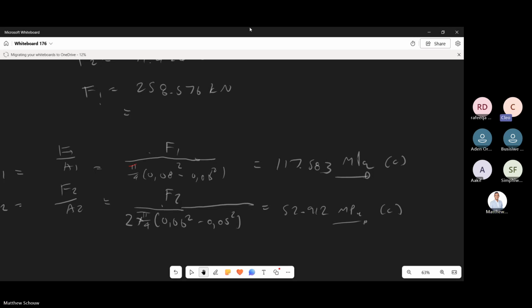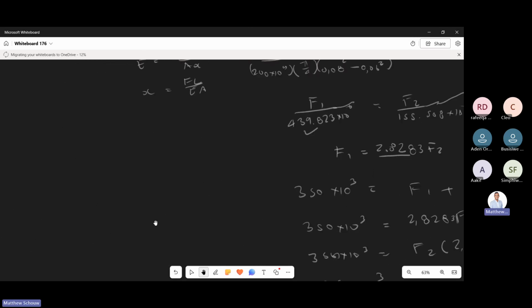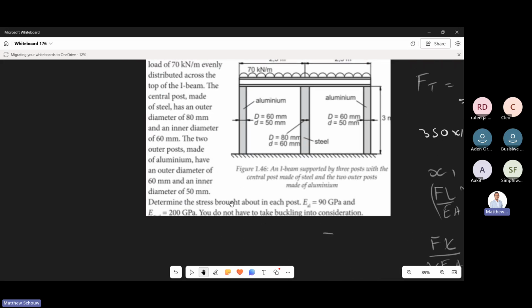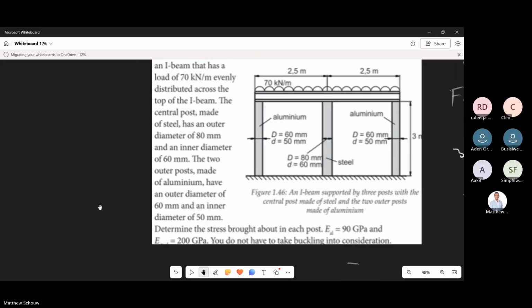Can I just say why they're in compression? Okay, do you want to use logic here? Look at this. Let's think of something at home. What can we think of? So this is supported like this, right? Are you with me? It's supported at the bottom. Think of a light bulb, or a tree, something that's fixed at the bottom.